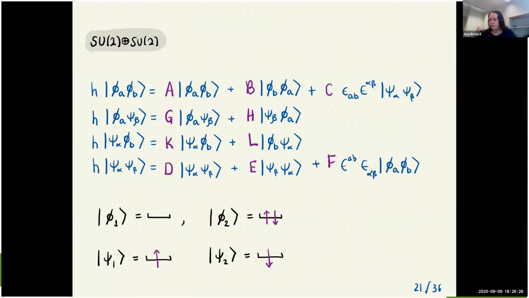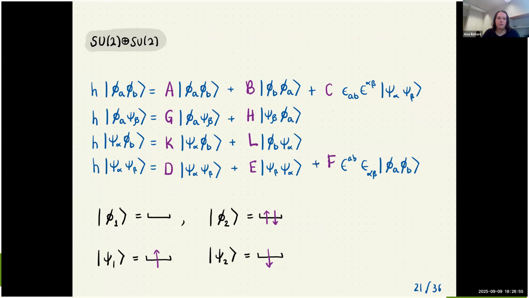Okay, so we applied this method for various setups. One of them was that we classified SU2 plus SU2 systems, both of non-difference and difference form. And then we found the expected models like the Hubbard model, SU4. We found all the expected models in this class, but we also found some new ones.